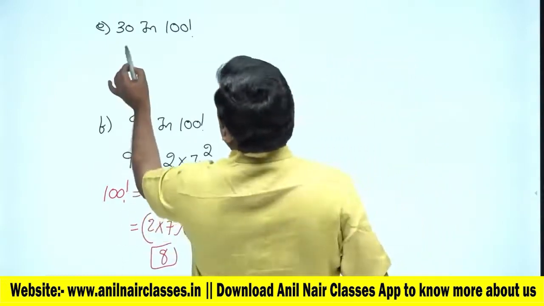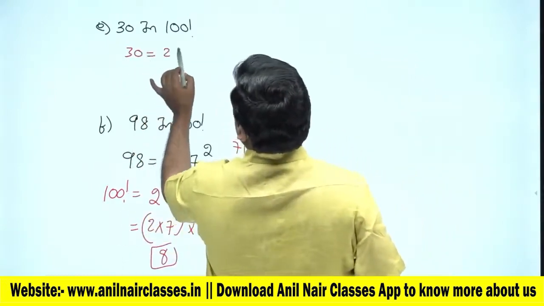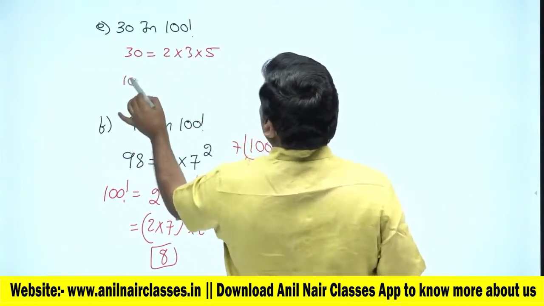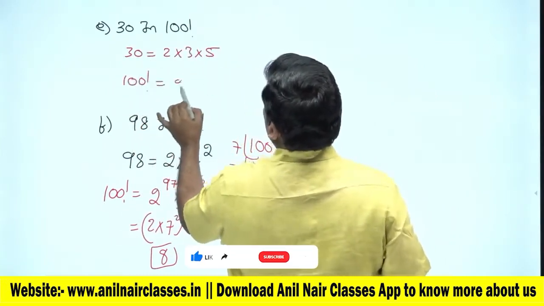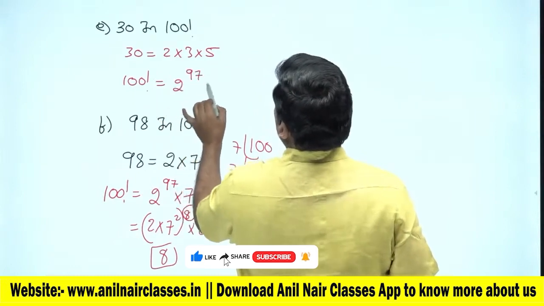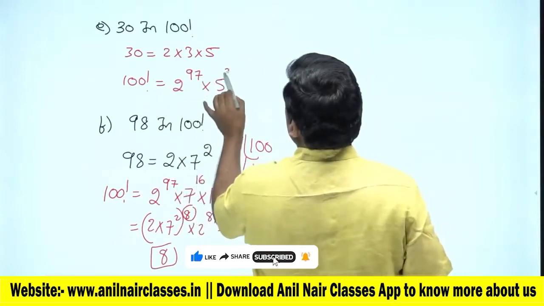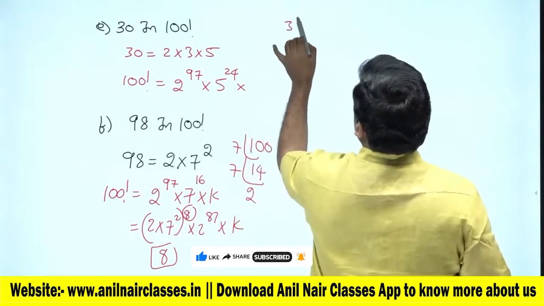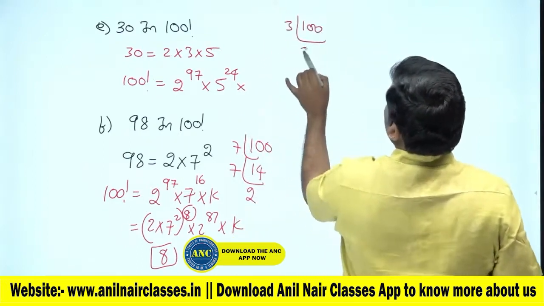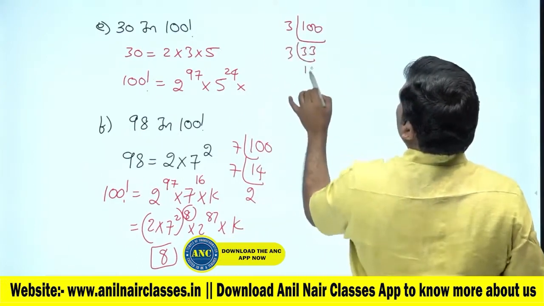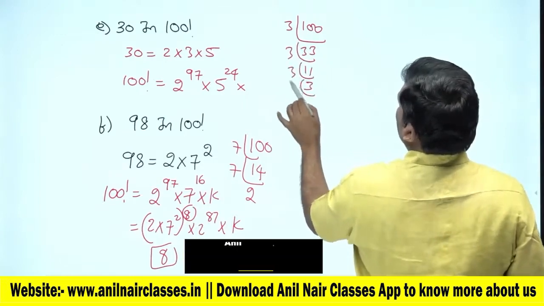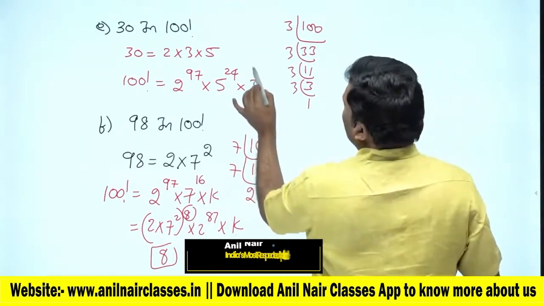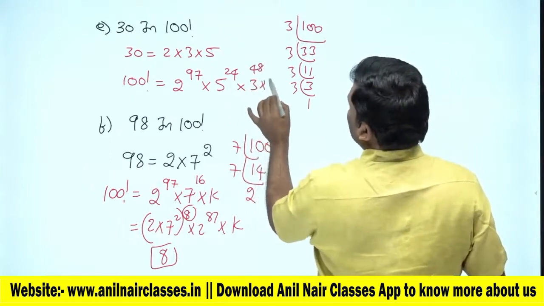Next, 30 in 100 factorial. 30 is a combination of 3 prime bases: 2 into 3 into 5. In 100 factorial, the highest power of 2 is 97. 5, I got it as 24. Now for 3: 33 3s, 11 3s, 3 3s, 1 3. 44 plus 3 is 47, 48. So it is 3 power 48 into k.